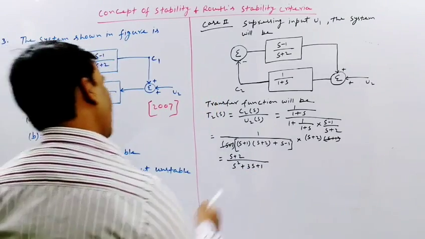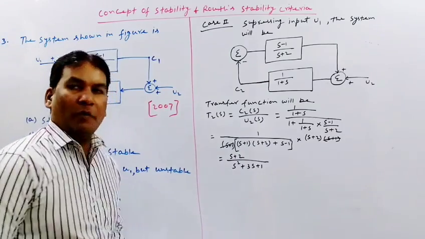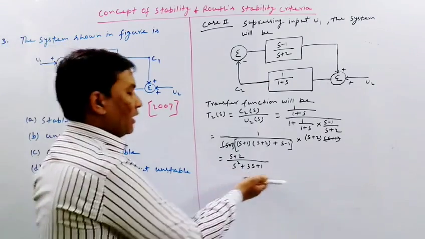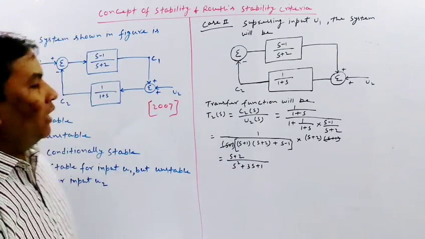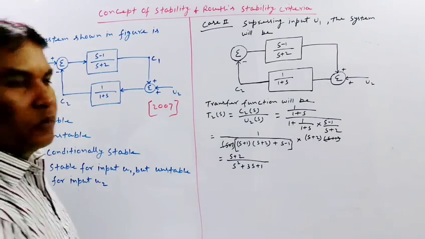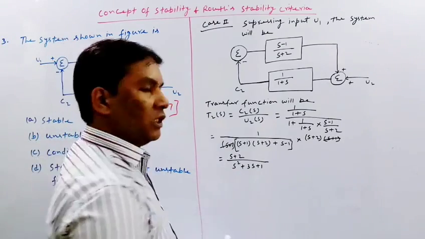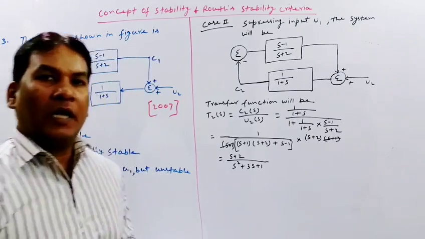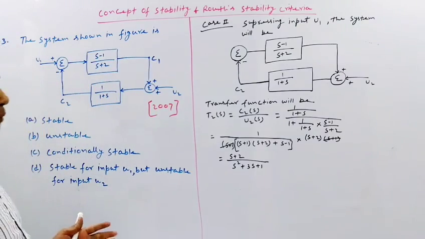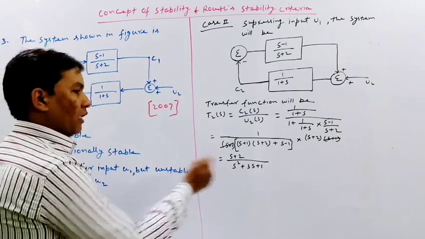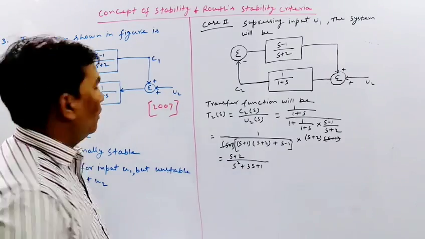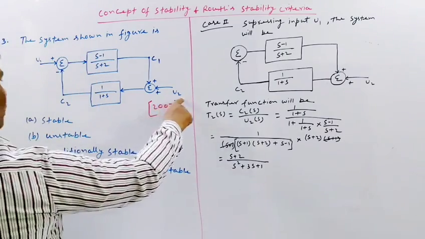Here also we can see the denominator is same, means the characteristic equation is same, and hence the characteristic roots are same. They are lying in left half of S plane, and hence the system is again stable for the input u2.